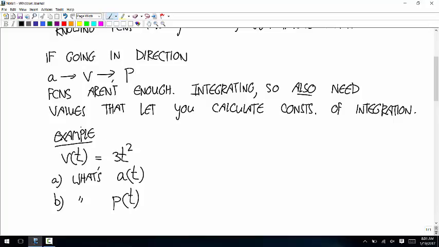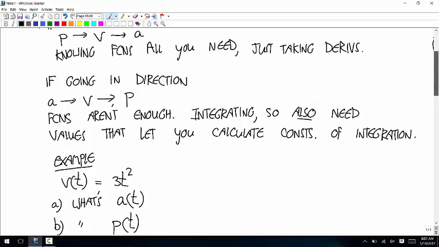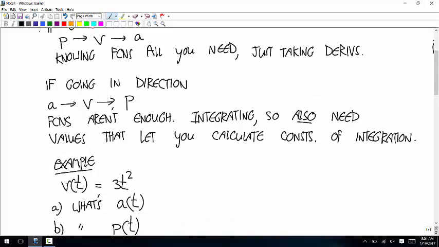So for part A, we're going in the direction from velocity to acceleration. Knowing that velocity function is enough, we're just going to take the derivative. For the second one, we're going from velocity to position, so we need something else.